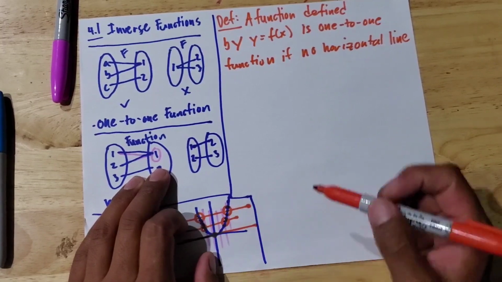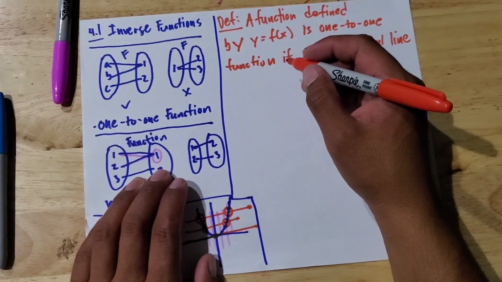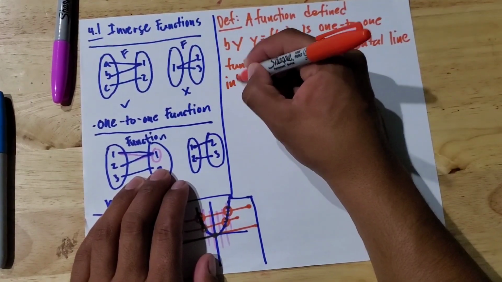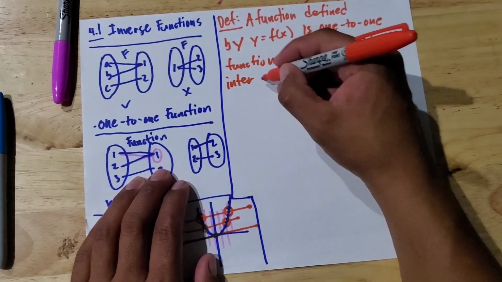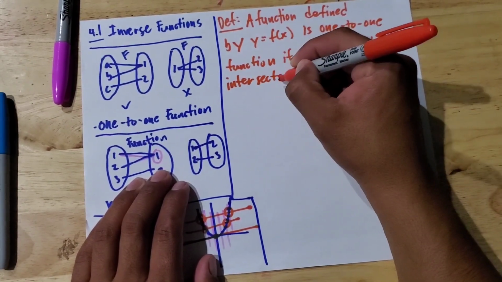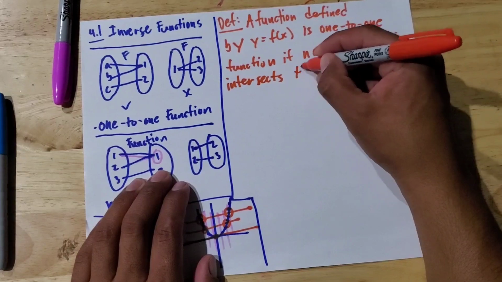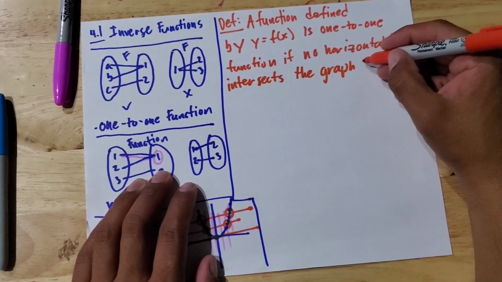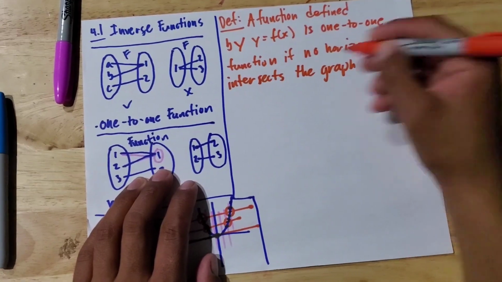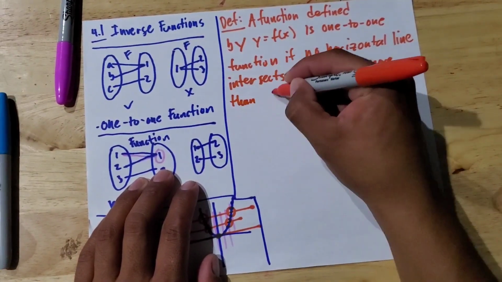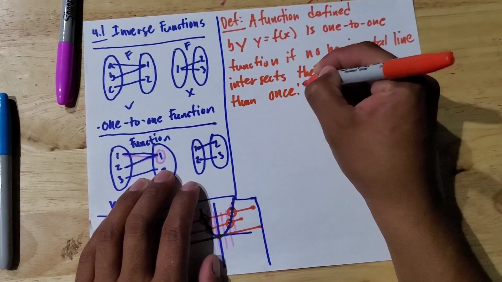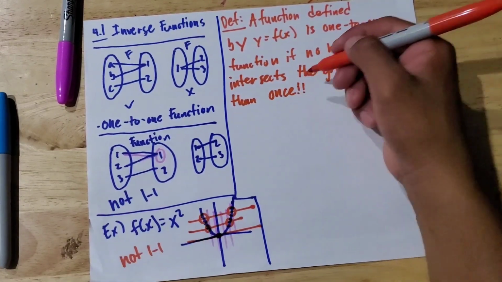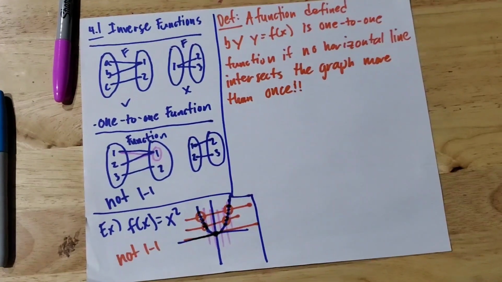Again, you want to find the one that will intersect your graph more than once, because if that happens, you know it's not a one-to-one function. That's the important part. It cannot intersect the graph more than once.